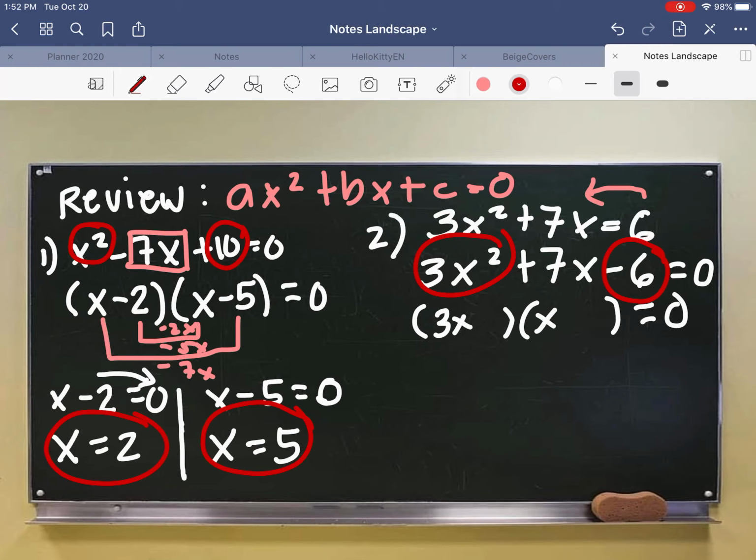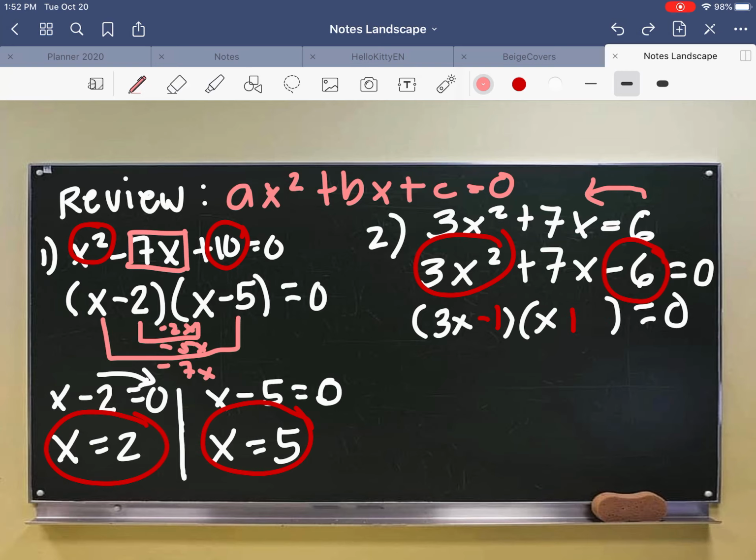Pagka chinek natin yan, this is negative 1x, and this is 18x. Pagka inad natin, 17x. Okay, so hindi siya equal dun sa gitna. Ibig sabihin, hindi siya yung factors na hinahanap natin. So, isip pa tayo ng iba.